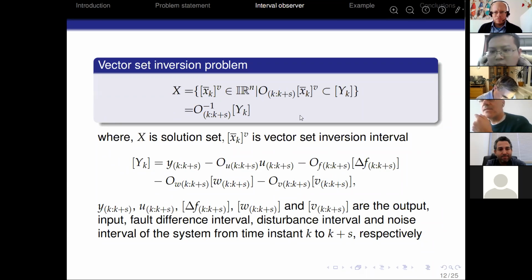Here you write X is equal to a set of boxes. And I would have defined it as the set of all points of Rn, such that the image by O belongs to the box YK, no?